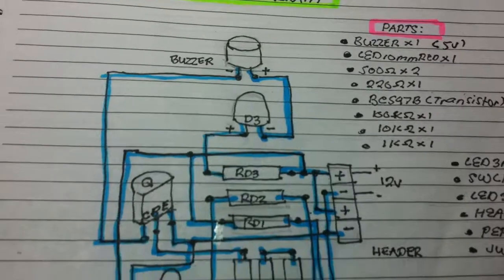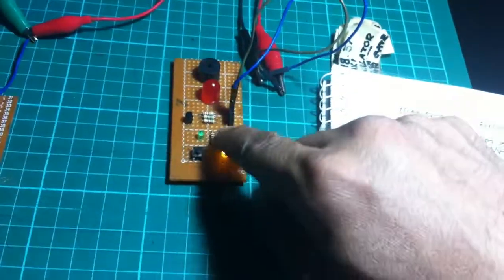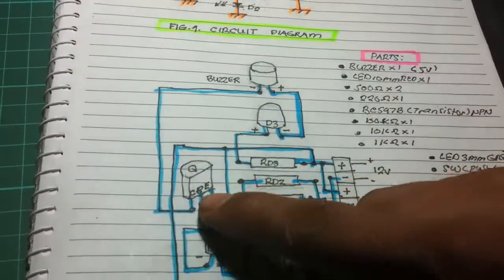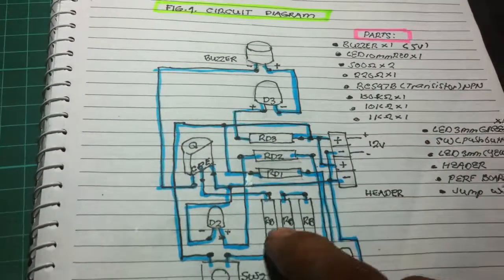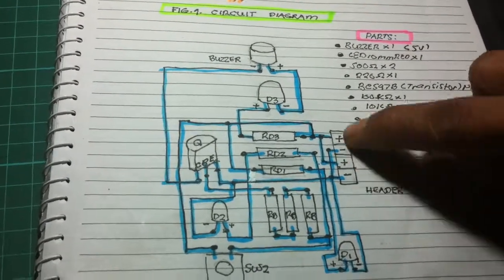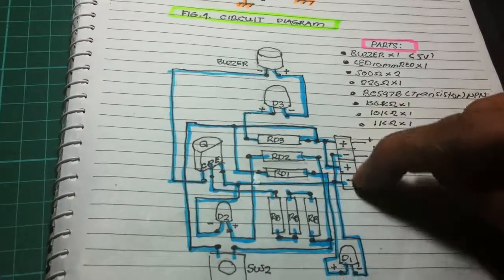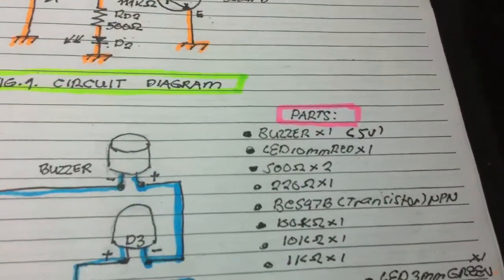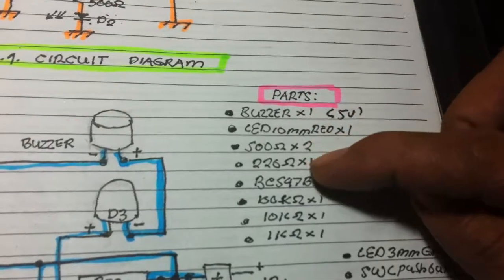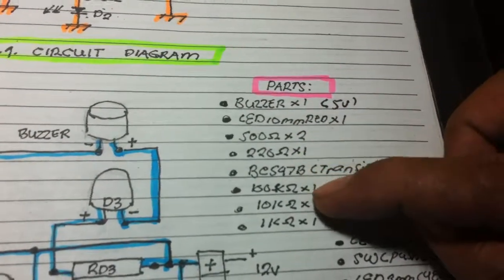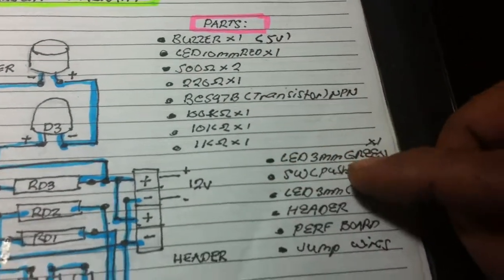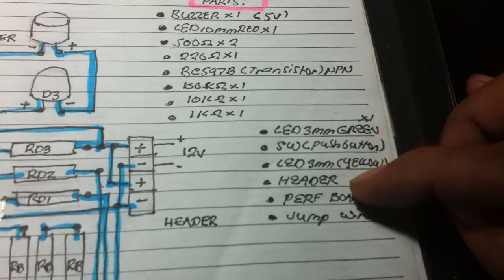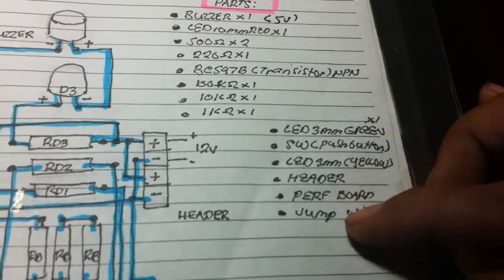I'm using this layout: the buzzer, the LED, resistor, transistor, resistor. This is a header for my voltage supply, LED, and the push button. I have also the parts here: the buzzer, some LED, resistor, transistor, resistor, LED green, yellow, perf board, jump wires, header.